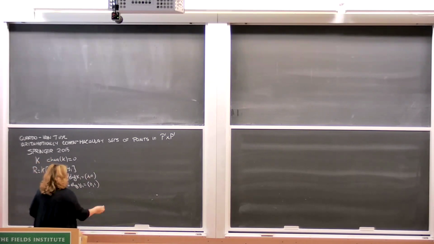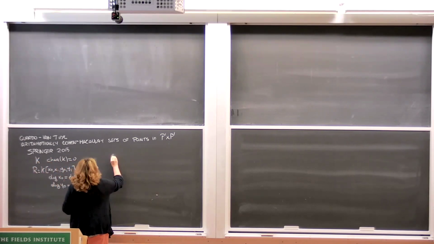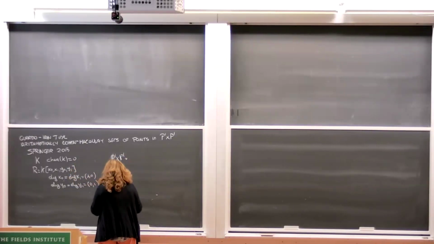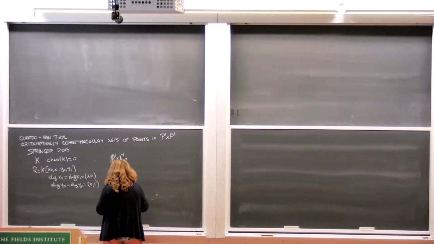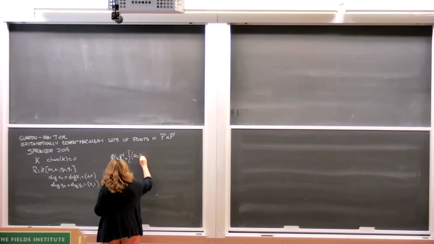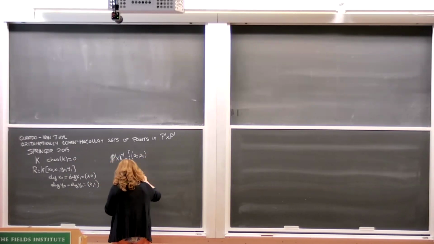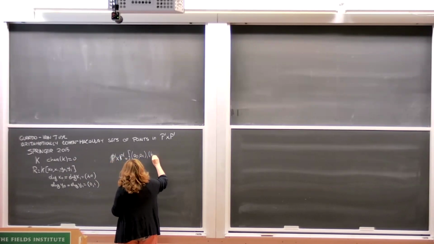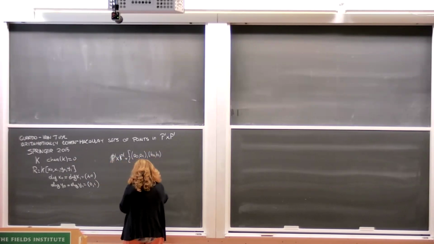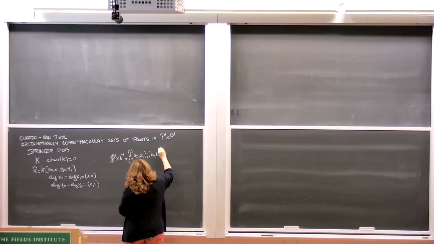And I look at P1. P1 has tuples A0, A1, B0, B1. So I construct my P1 cross P1.